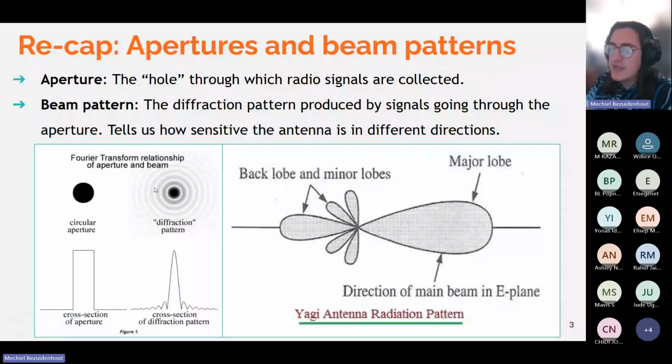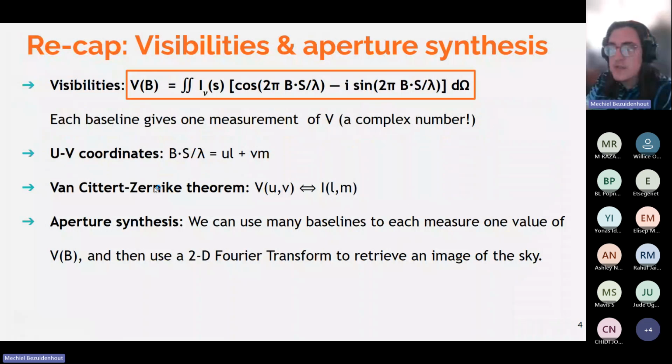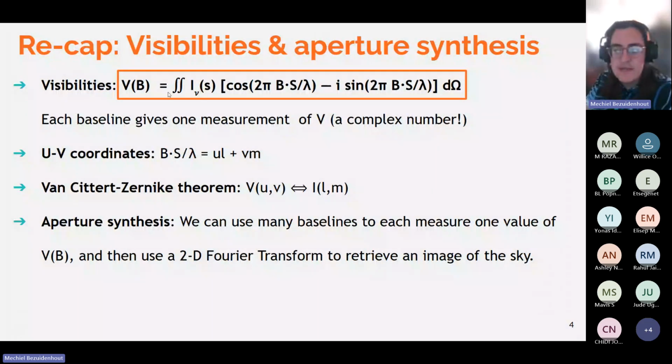If we use a radio interferometer with many different antennas, we don't have a single aperture anymore, right? So instead of that, we use these visibilities, which we define using this equation. And each baseline, meaning each pair of antennas, gives us one measurement of this visibility function.